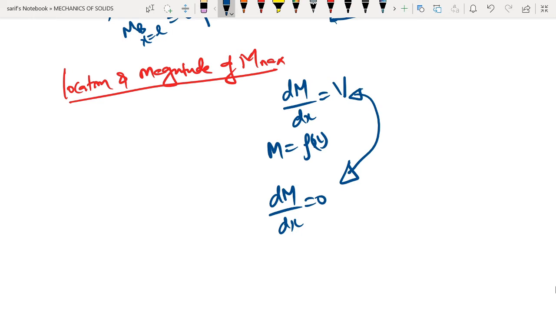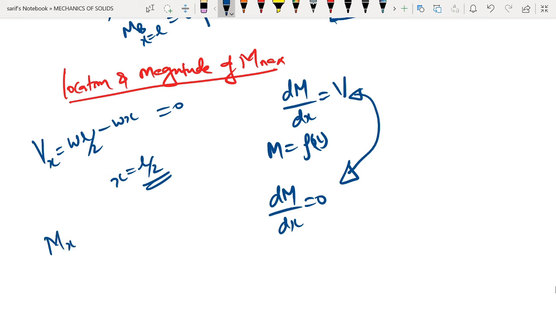So in this particular question, we have the expression for shear force as Vx is equal to WL by 2 minus Wx. If we equate this to 0, we will get x is equal to L by 2. That is, the location of the maximum bending moment is x is equal to L by 2. And once you know that, you simply have to substitute x is equal to L by 2 in the expression for bending moment.